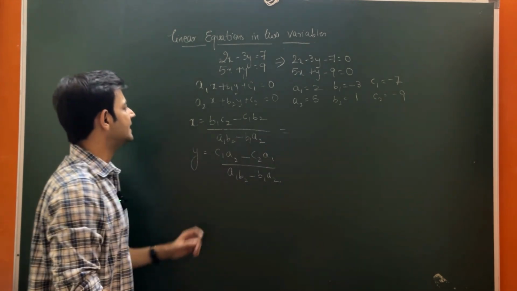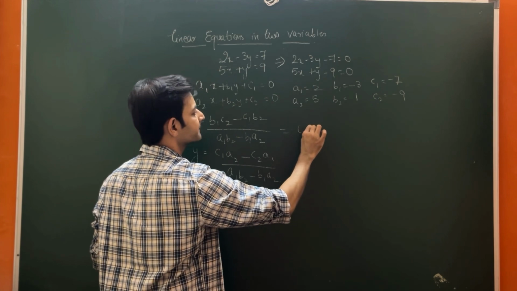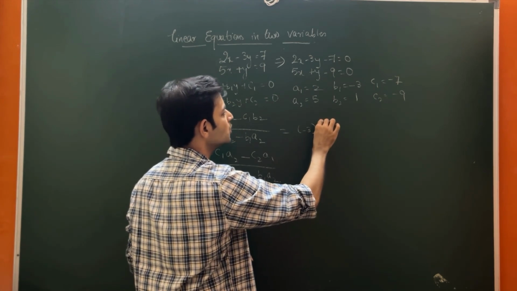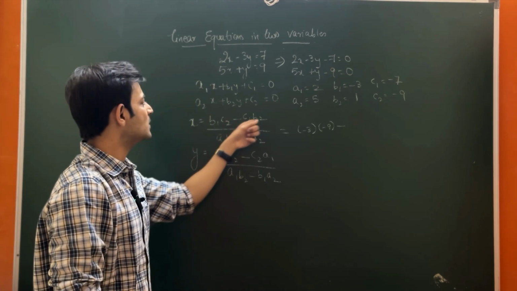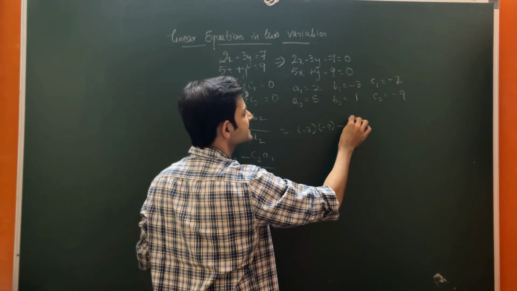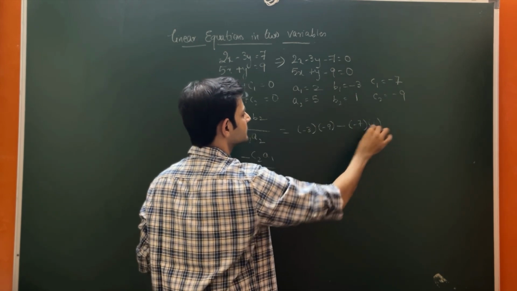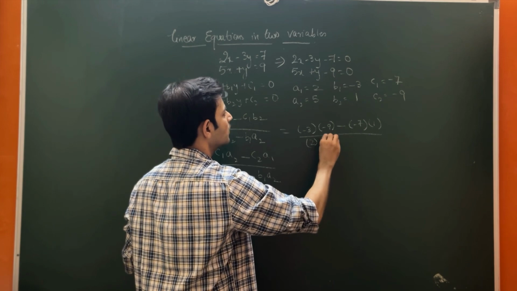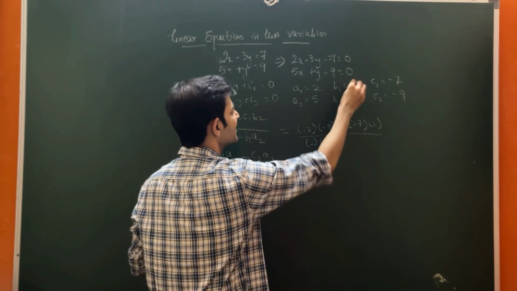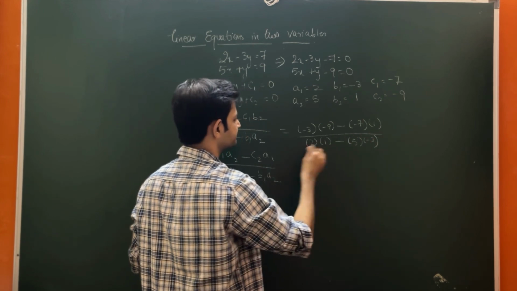So x will be equal to B1 C2, that is minus 3 into minus 9, minus C1 B2, that is minus 7 into 1, whole upon 2 into 1 minus 5 into minus 3.